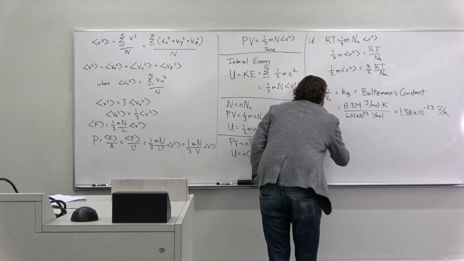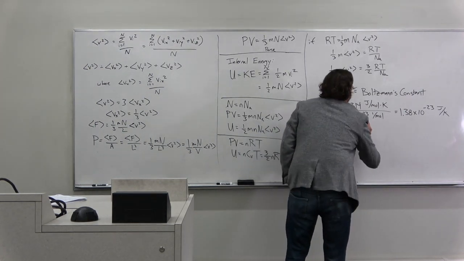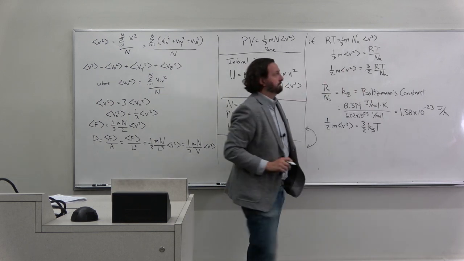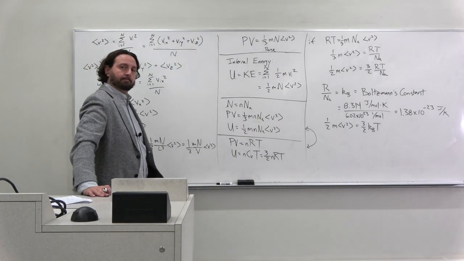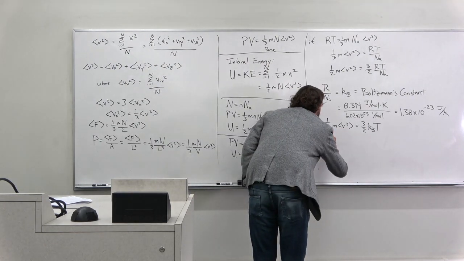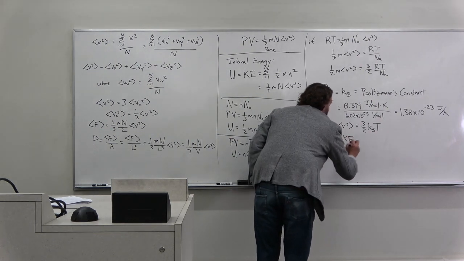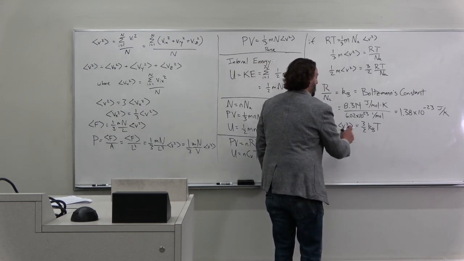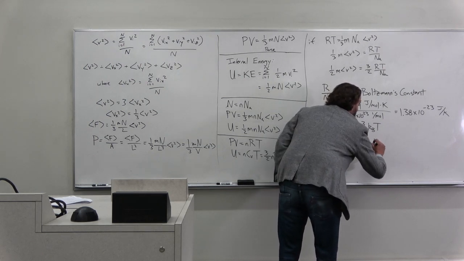So what we've said there was 1/2 m v squared is equal to 3/2 kB T. Does that look familiar? It should be, because this is saying that the average kinetic energy per atom is simply 3 times 1/2 kBT.